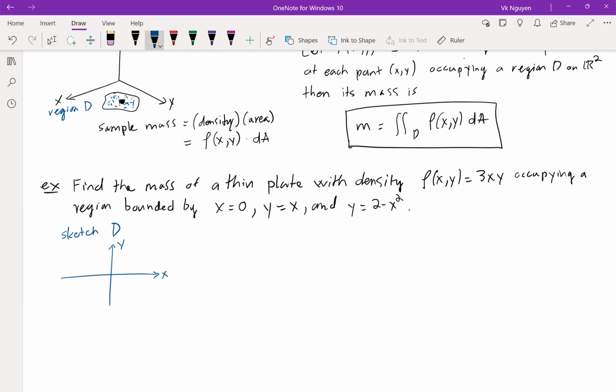x equals 0. That is the y-axis. y equal x. Okay, so y equal x. And then y equal 2 minus x squared.